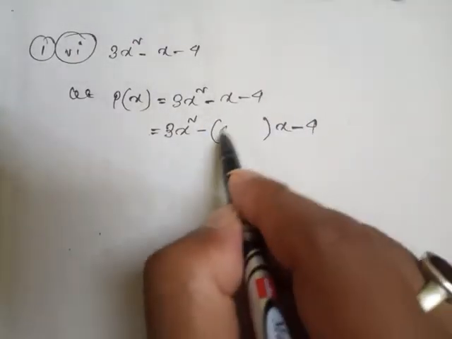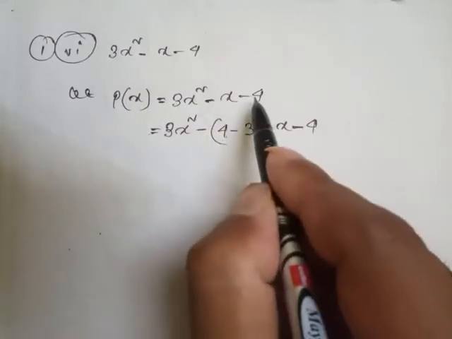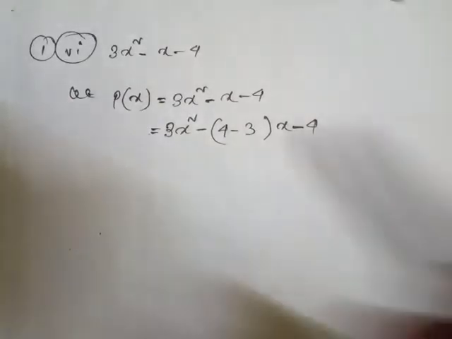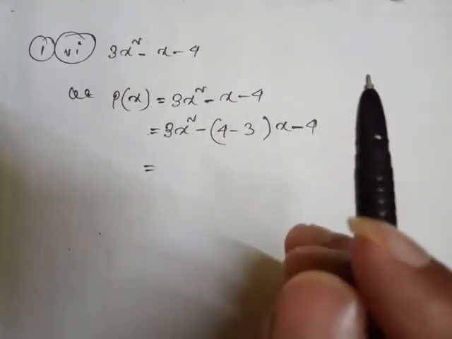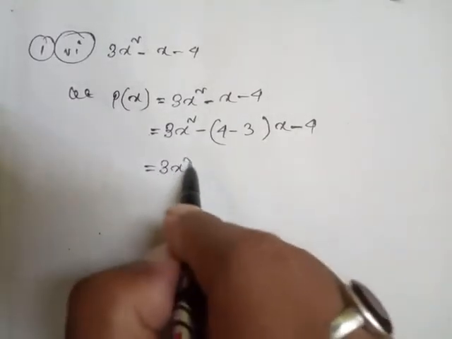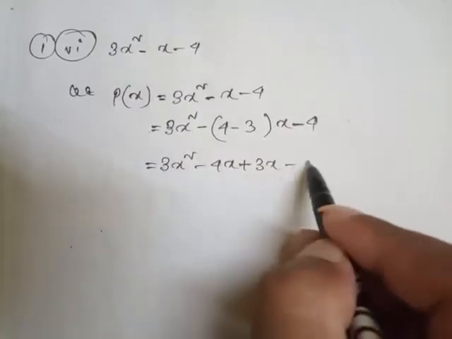Now let's have a look. If I write here 4 minus 3 means 1, and 4 threes are 12. 4 and minus 3 is minus 12, so minus 4 and 3 is minus 12. So this value satisfies the middle term.